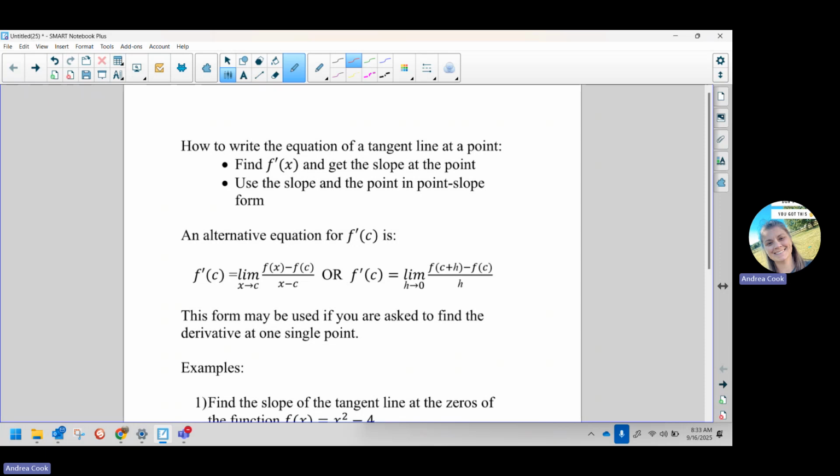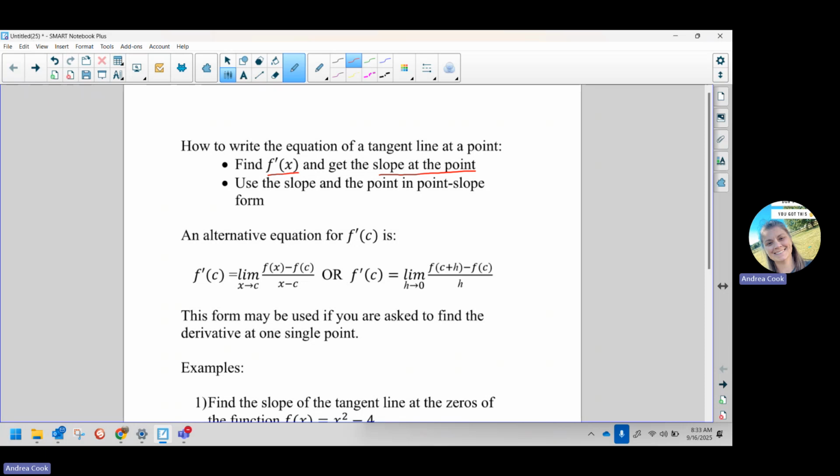You are first going to find f prime, and that will give you the slope at a point. Then you're going to use point-slope form to write the equation of the tangent line.